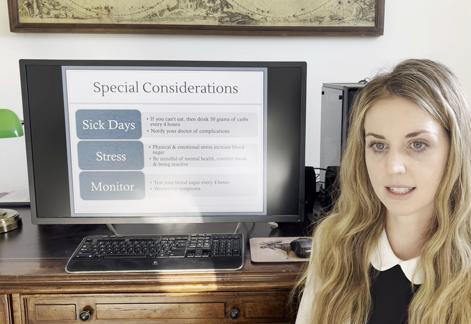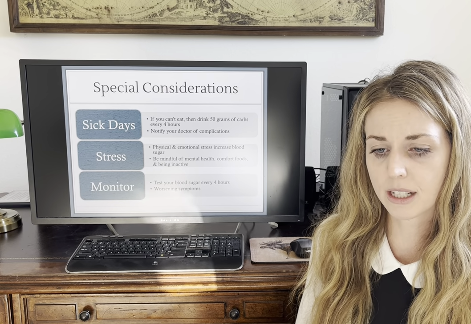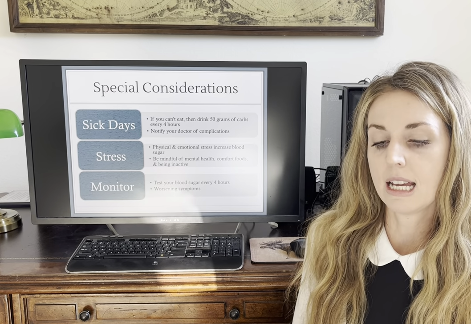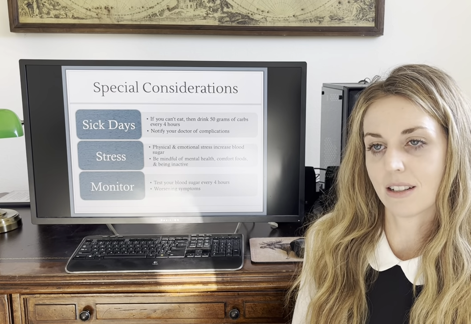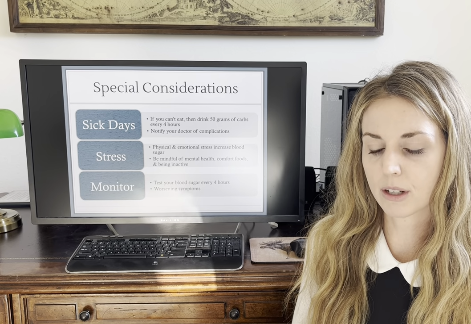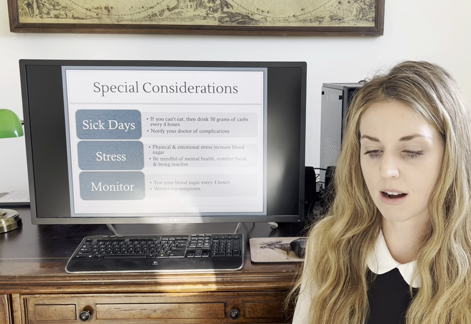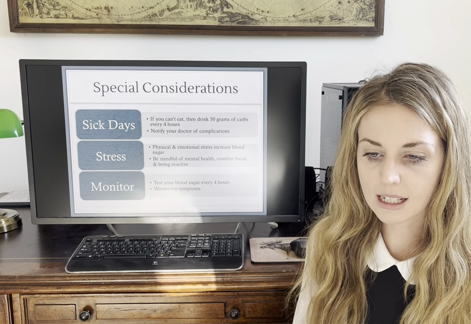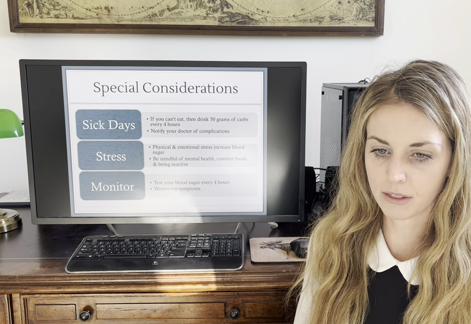And then with monitoring, we want the patient to test their blood sugar every 4 hours. If it is not being well managed, they need to talk to their doctor. They need to reach out for any worsening symptoms and or go to the hospital. They can also monitor their blood sugar even more frequently, so every hour, every 2 hours, depending on their symptoms.